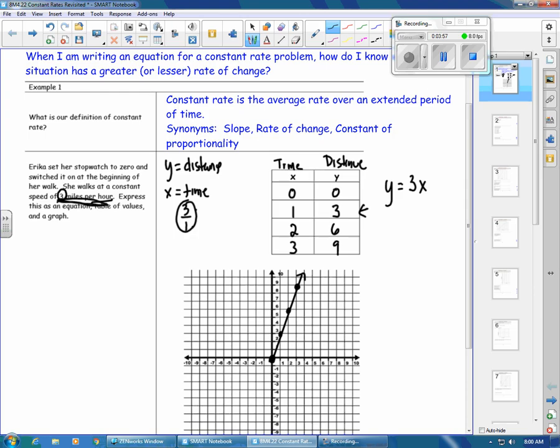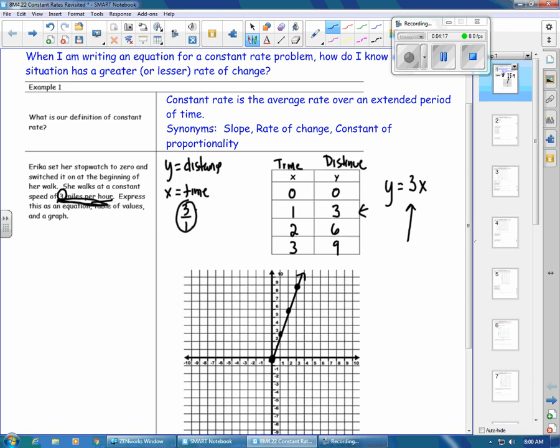Now let's take a look at our equation really quick. What is the meaning of the 3 in this equation? It's the slope, yes, but it's also the rate that Erica is walking. So the rate, the rate of change, the constant of proportionality, those are all the same thing.